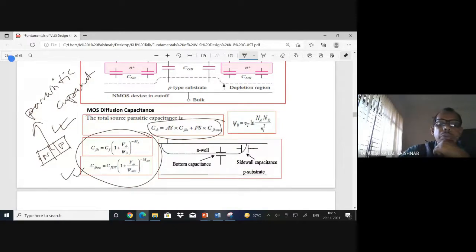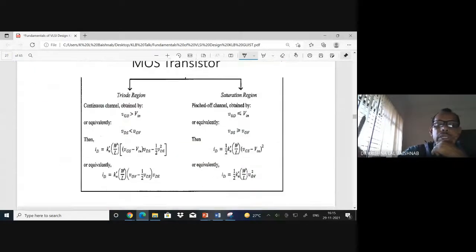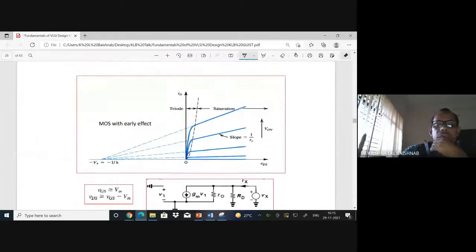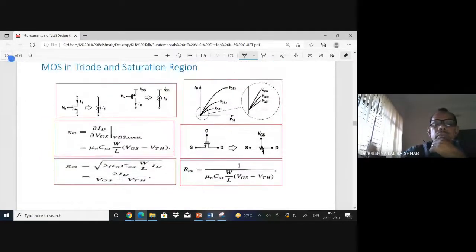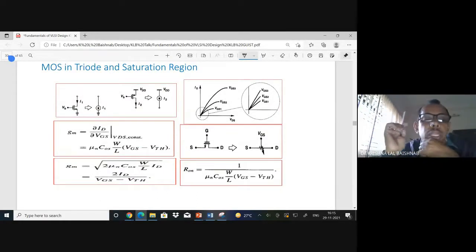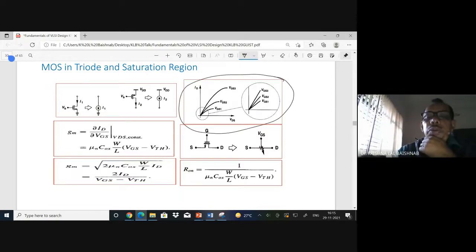People will talk too much about the device, but these are all basically circuit principles. This is the important part for me. You see, this is a very simple diagram, but it implies many things. If VDS is very, very low, the transistor is in a very, very linear region.